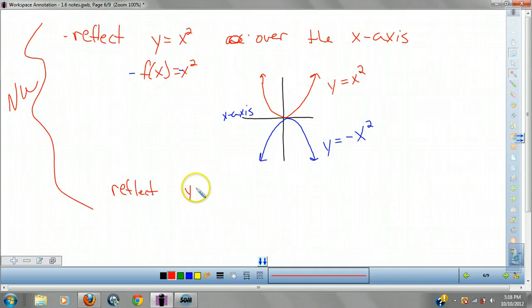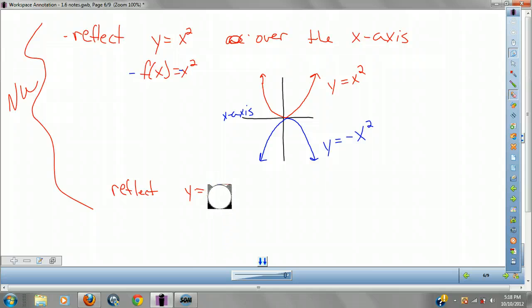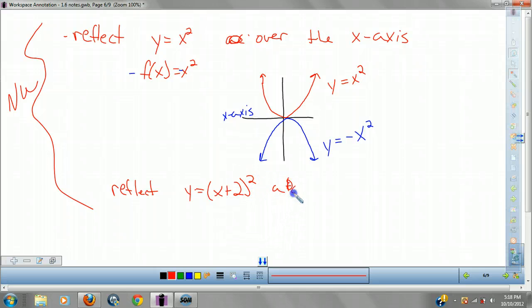Let's reflect y equals x plus 2 squared across the y-axis.